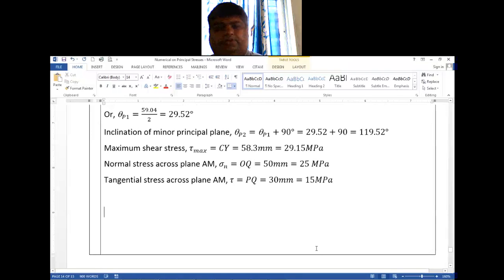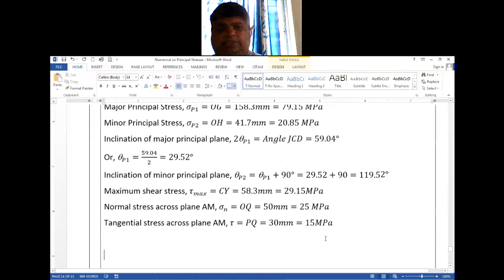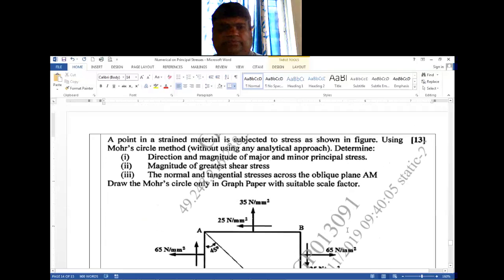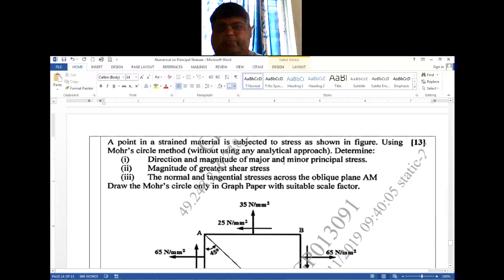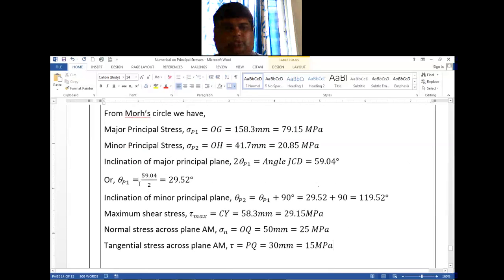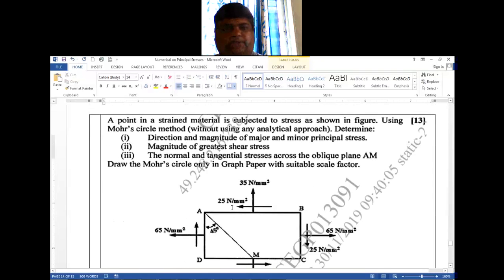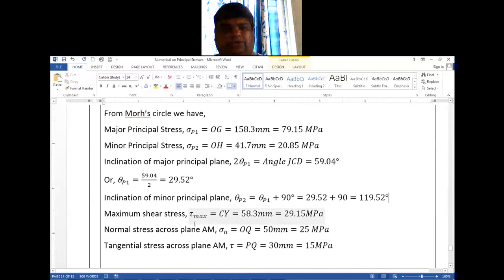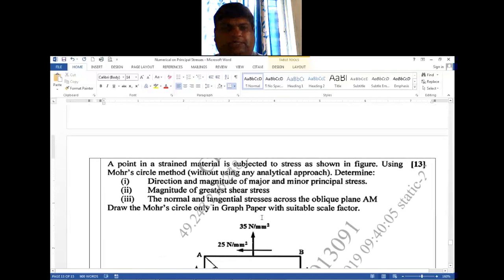Right? So you found all the things that is asked in the question. Direction and magnitude of major and minor principal stress. So that is this up to here. This is magnitude, this is direction. Then magnitude of greatest shear stress. So greatest shear stress is tau max. We found that.